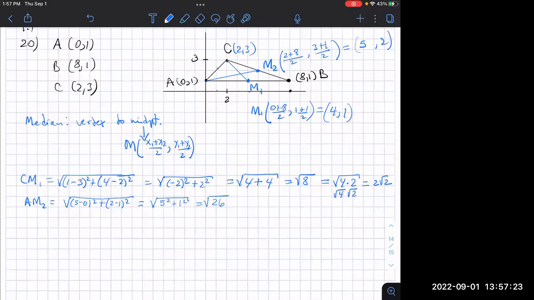Okay, one more, M3. So now we're looking at the midpoint of AC. So we're looking at A and C, find the midpoint.